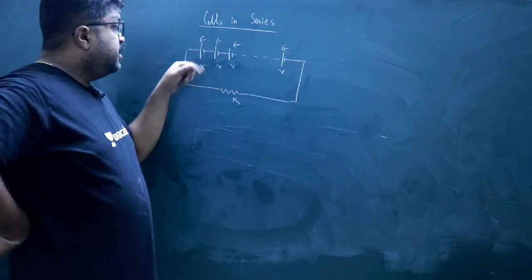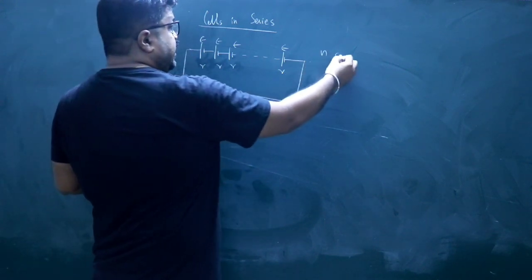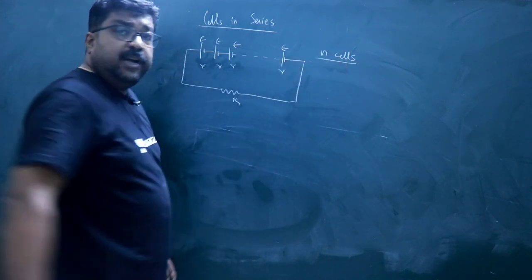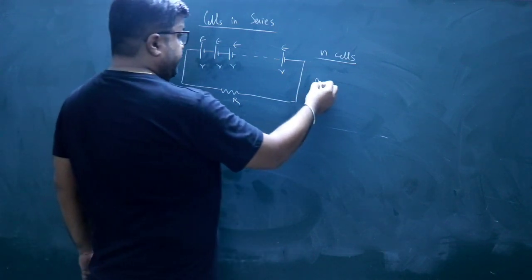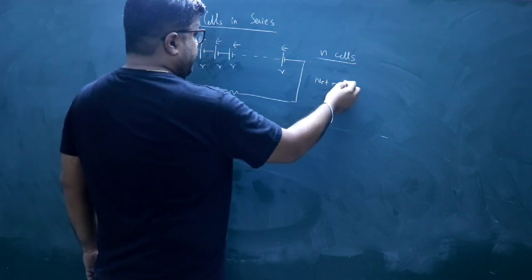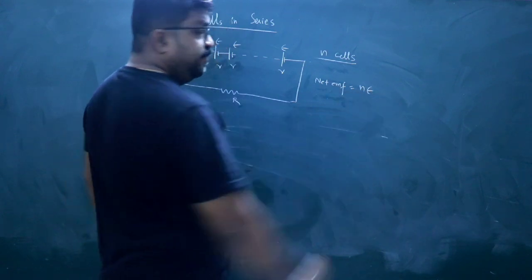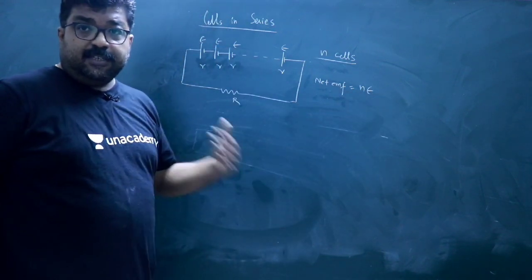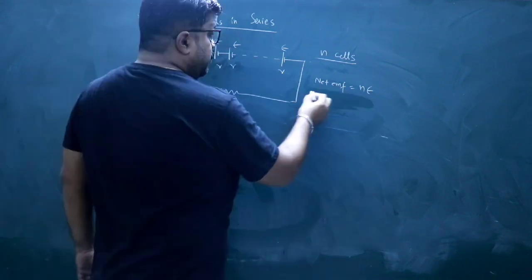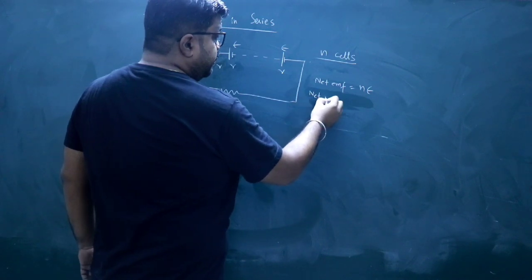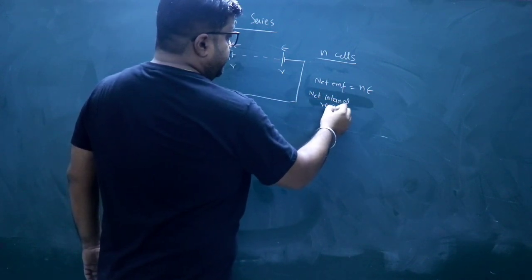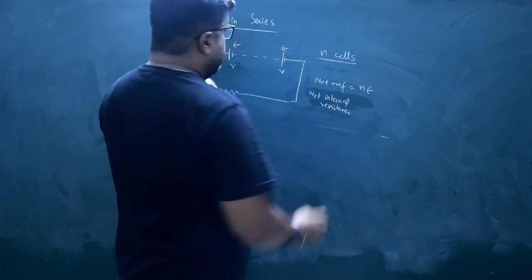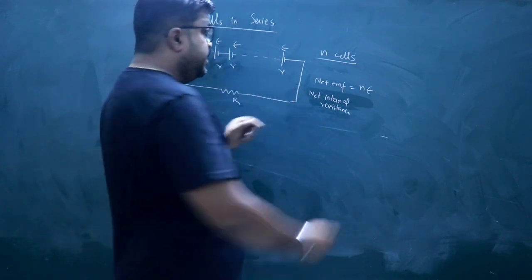So here if there are n cells and all cells are identical, what will be the net EMF? Net EMF will be, for n cells, E plus E plus E, n times. What will be the net internal resistance? R plus R plus R, n times, all are in series, so it will be nR.